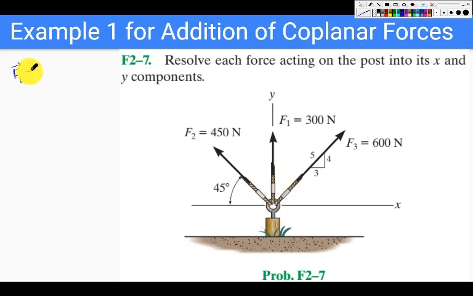So I can just say that this is equal to 300 j hat, and you can put newtons if you like. Because this force is applied vertically, it did not have any x component at all.